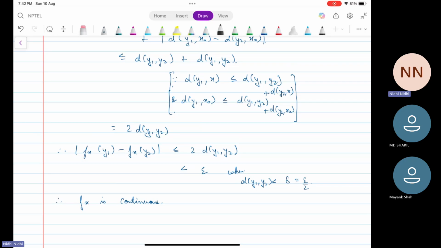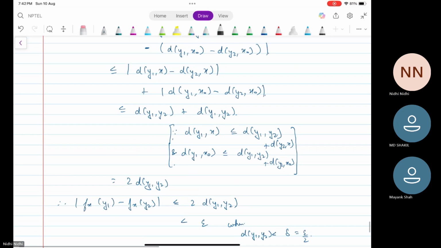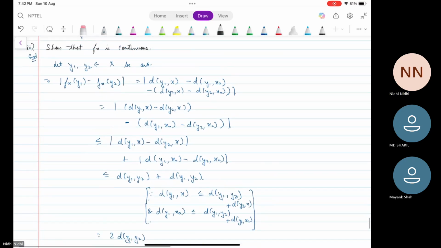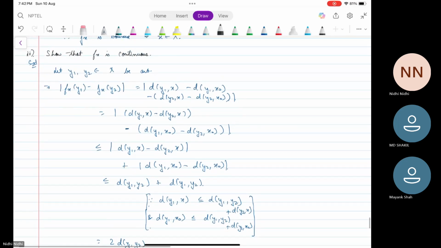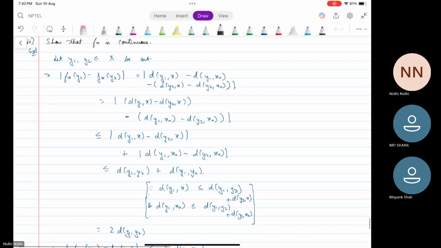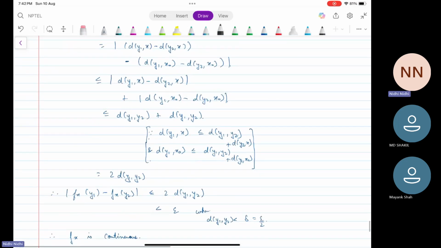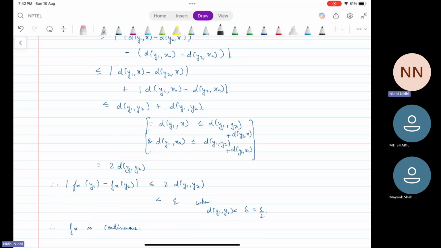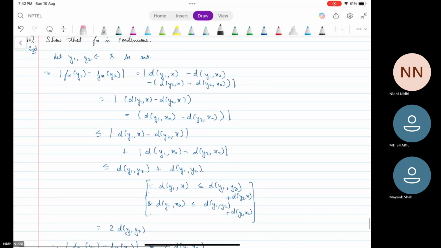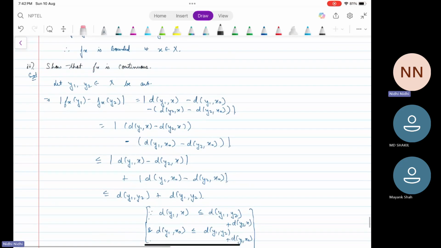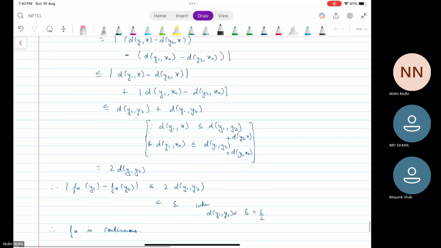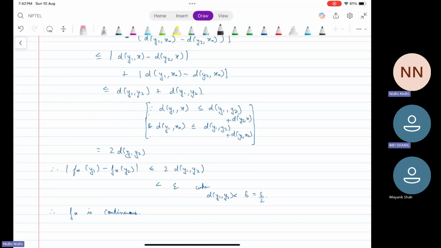And for equicontinuity, this should be independent of x as well. Yeah, because epsilon delta, nothing is depending on x. I think it should be equicontinuous also.